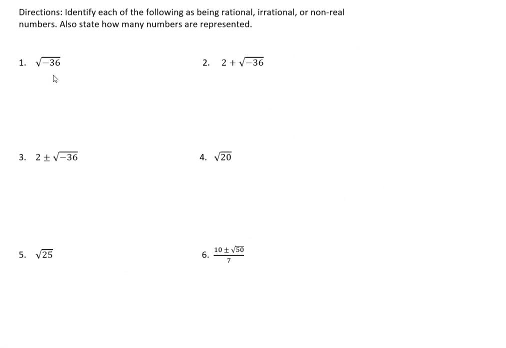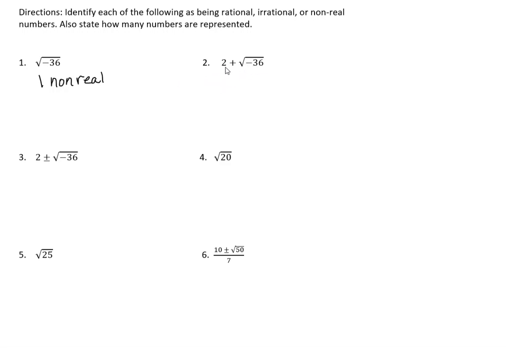All right, first thing you should notice with problem number 1 is that you have a negative under the square root. So I know that this is going to be non-real. And I only have one number here, so that's one non-real number. Okay, problem 2, I still have a negative under that square root.